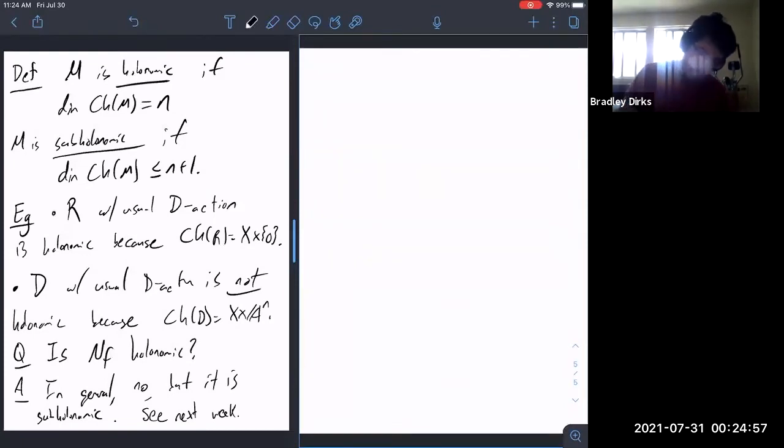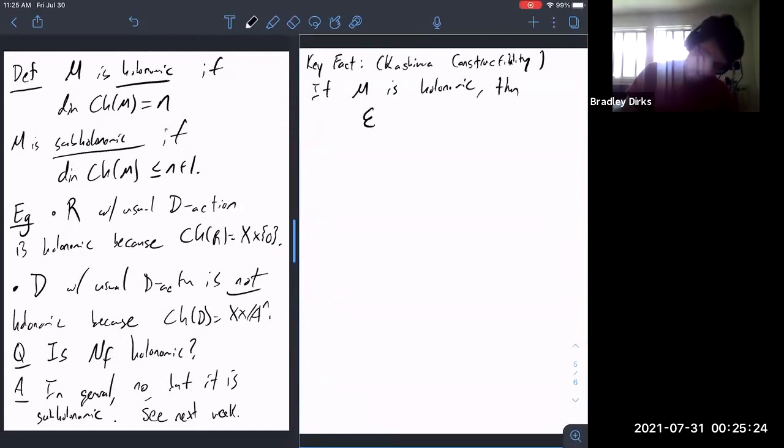Okay, and maybe one more key fact, which I will not prove, but which will be useful in the proof of existence, is Kashiwara's constructibility theorem. I guess I will really just say an application of Kashiwara's constructibility. So if M is holonomic over D, then we can look at the endomorphism sheaf, the endomorphisms of M as a D-module, and we can look at the stalk.